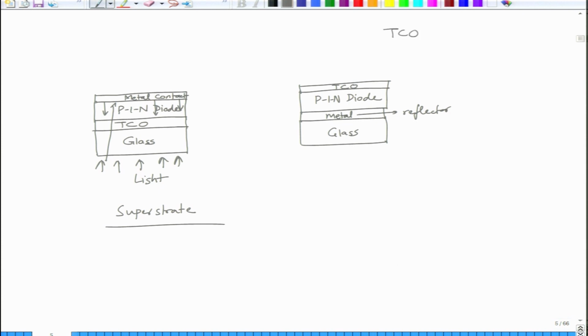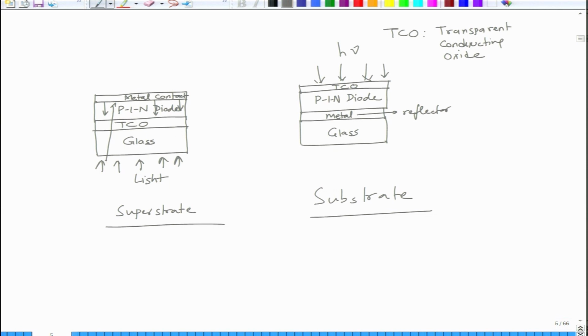TCO is transparent conducting oxide, and in this case the light comes from this side, and this is called the substrate configuration, the typical configuration that we have in solar cells, in the silicon solar cells and gallium arsenide solar cells.